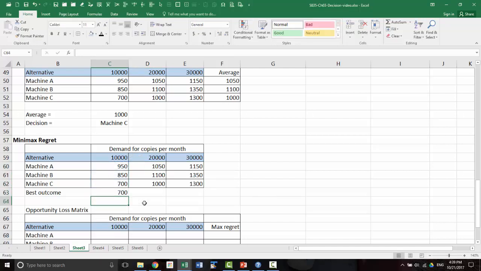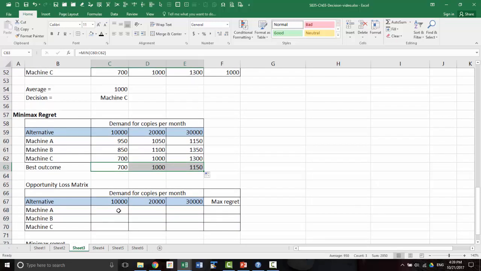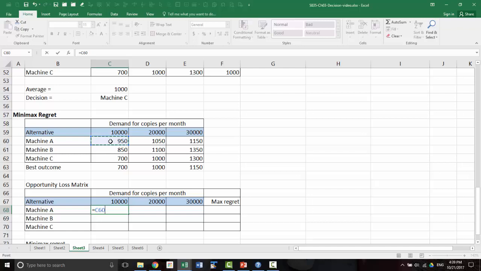So the regret or the opportunity loss will be the cost of a given decision under a given state of nature minus the best possible. So best possible is going to be the smallest value.